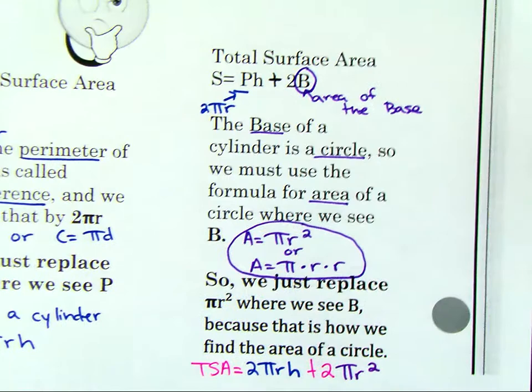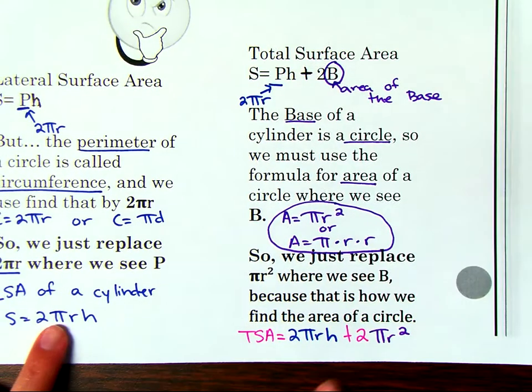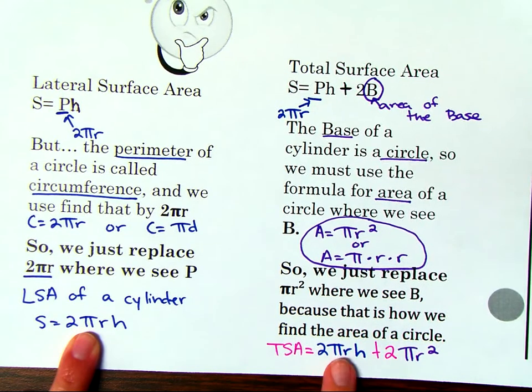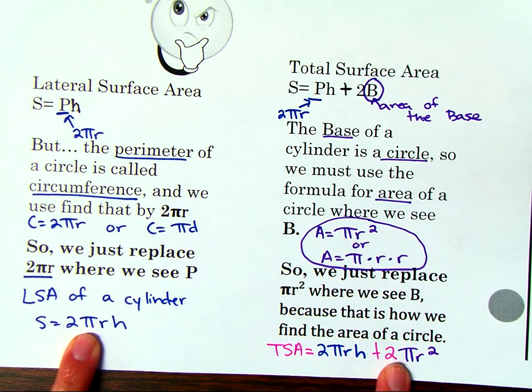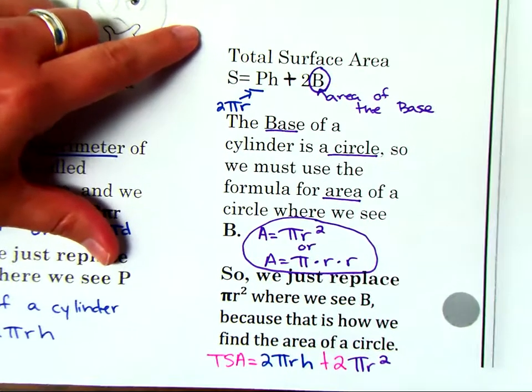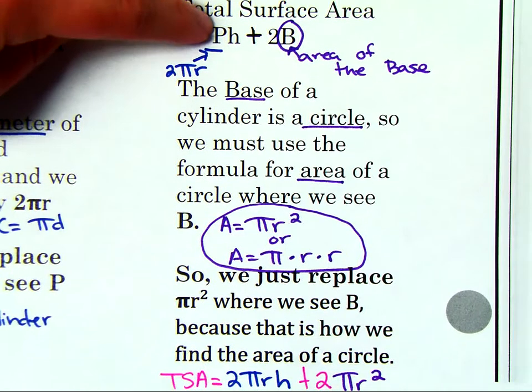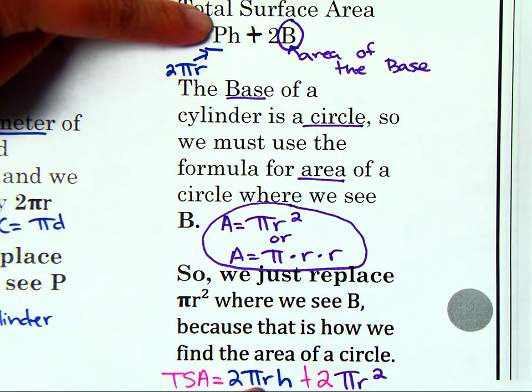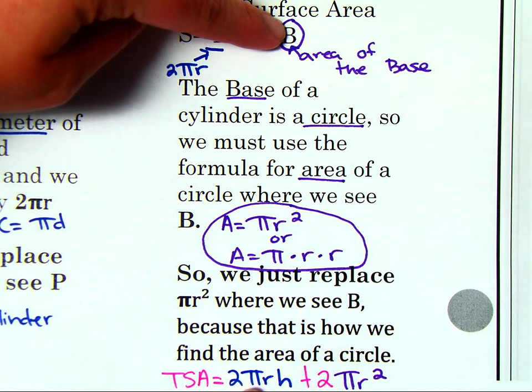So when you first look at these two formulas, 2 pi r h or 2 pi r h plus 2 pi r squared, they look a little intense and a little bit scary, but when you really stop and break it down, that makes sense, because the perimeter of that circle is the circumference, and that big B area of the base is pi r squared.